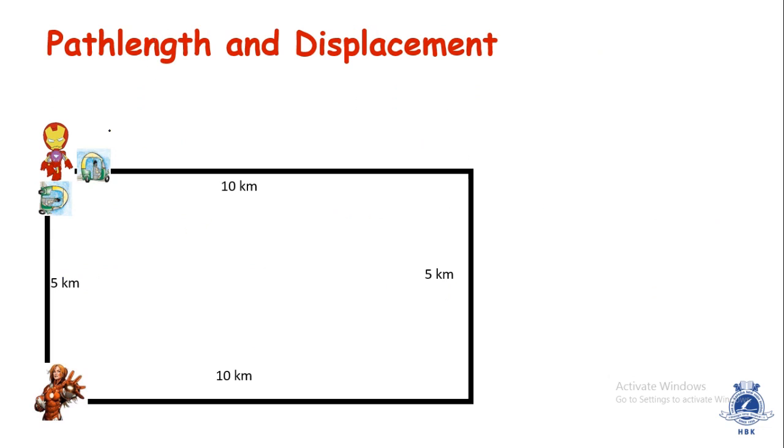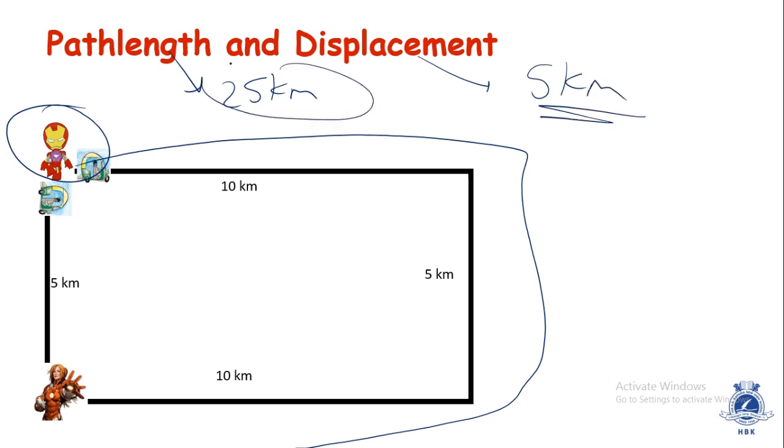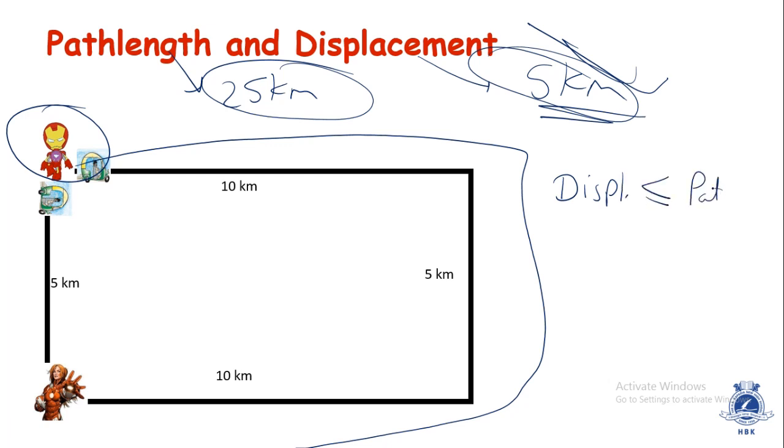This person is going along this path, distance is 25 kilometer, displacement is 5 kilometer. It's never possible that displacement can be greater than path length. Displacement is always less than or equal to path length.